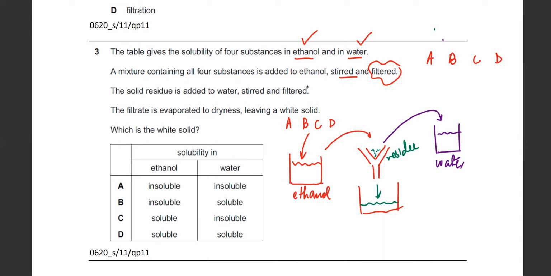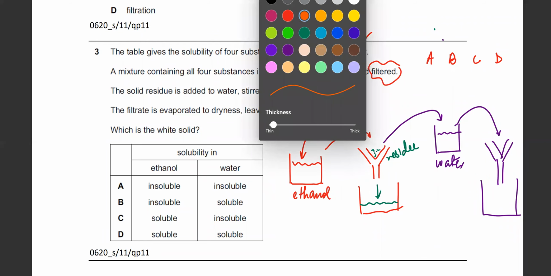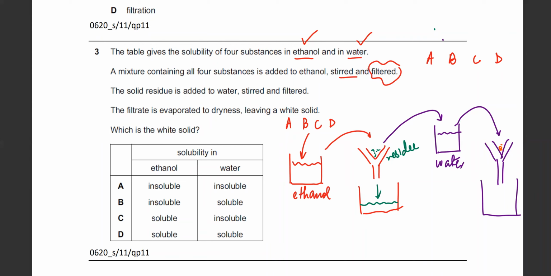Once he mixes them, he then passes it through another filter paper. If something is insoluble in water, it would stay behind as a residue. Otherwise, if it's soluble, it would come out as a filtrate. So he's saying the solid residue is added to water, stirred and filtered. The filtrate is evaporated, leaving a white solid.